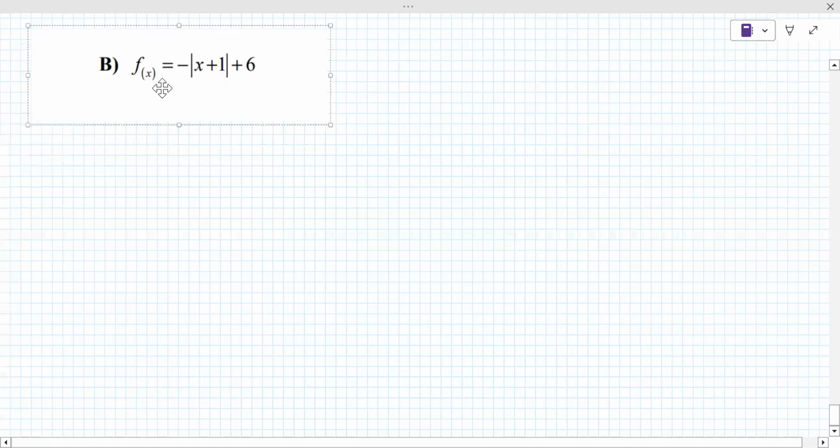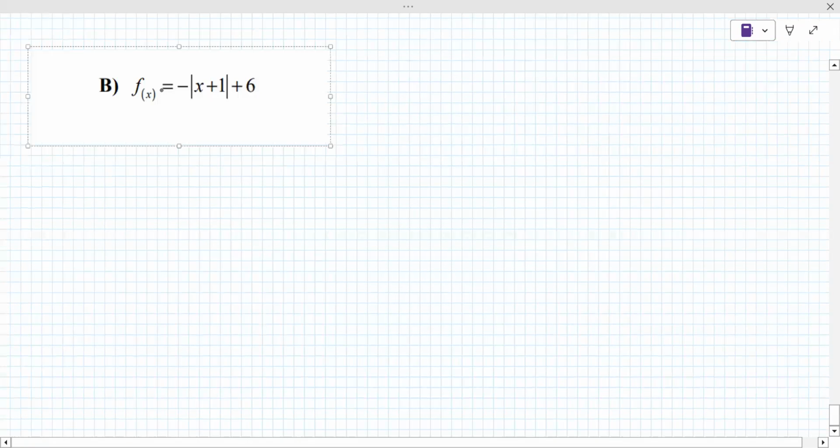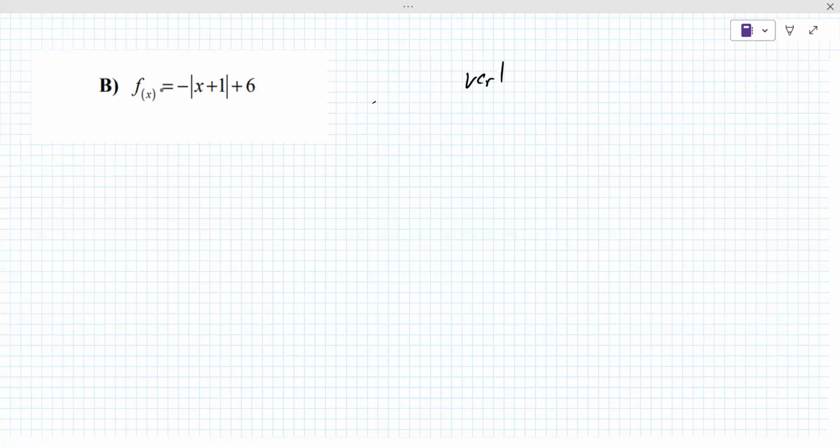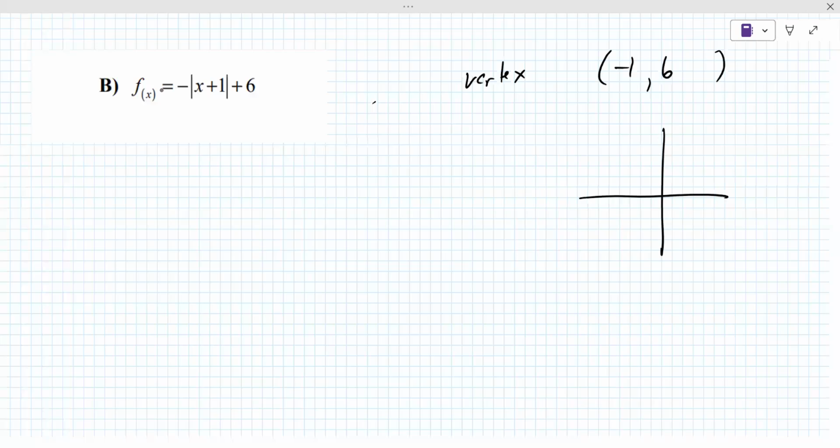All right. So new function here. Go ahead and give me the vertex. -1, 6. Okay. Now I want you to make a quick sketch of this, plotting the vertex, whether it opens up or down, and tell me if it has x-intercepts or not.